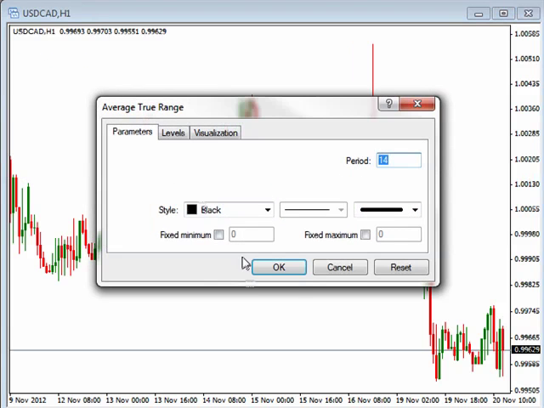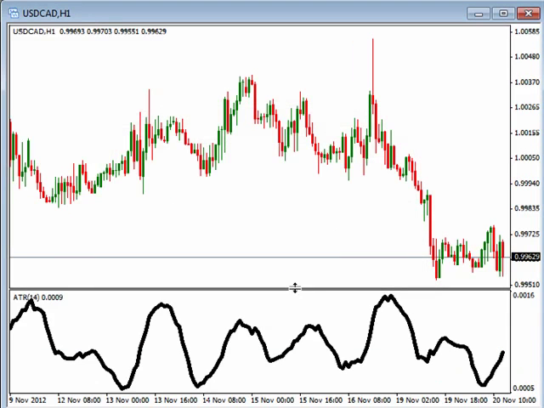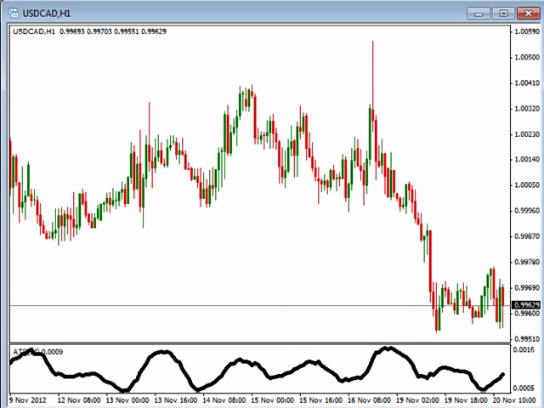So average true range, and what this is looking at is it's taking a range of candles. Let's say that we've got a candle here and we've got the wick there, and then we have a candle here with the wick here.